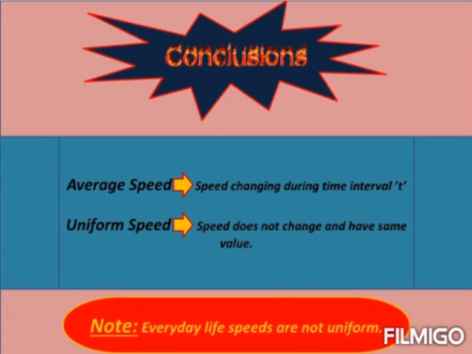If the speed of the body is changing during the time interval t, then v, that is the speed, is the average speed of the body during that time. And if the speed of the body does not vary, vary meaning change, and has the same value, then the body is said to be in uniform speed, or the body possesses uniform speed. It means the speed does not change.